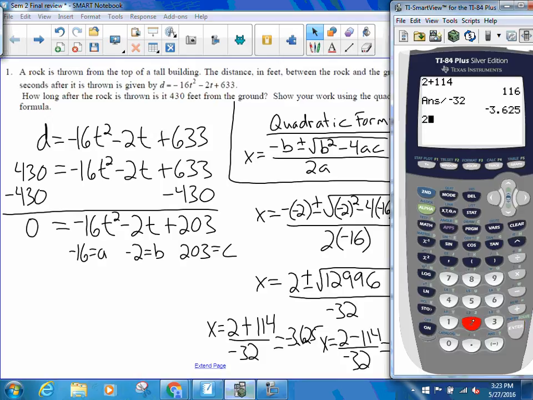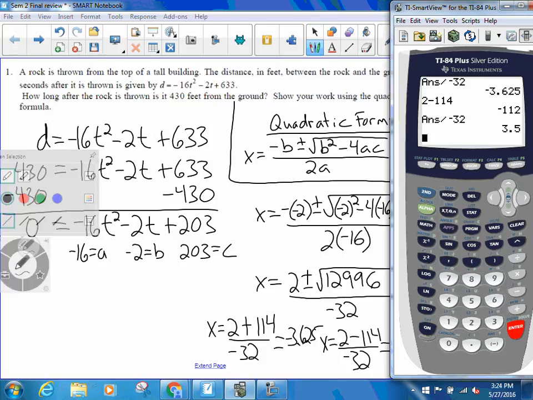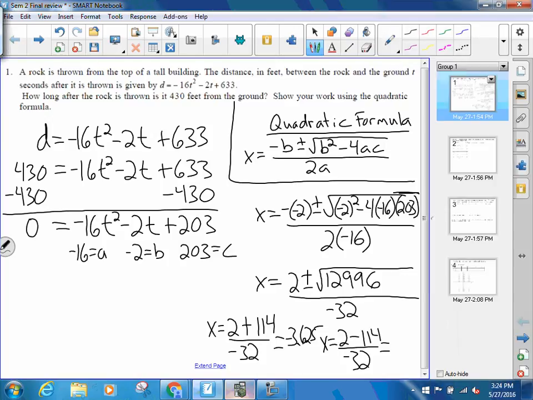Okay, so 2 minus the 114, which is negative 112 divided by negative 32. That gives me a positive 3.5. So that's going to equal 3.5.